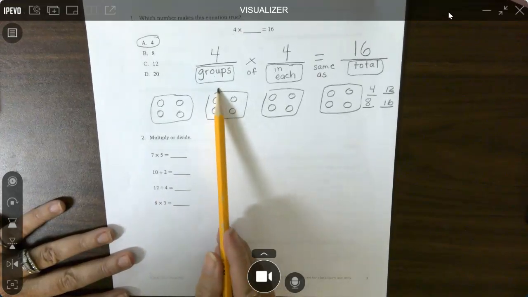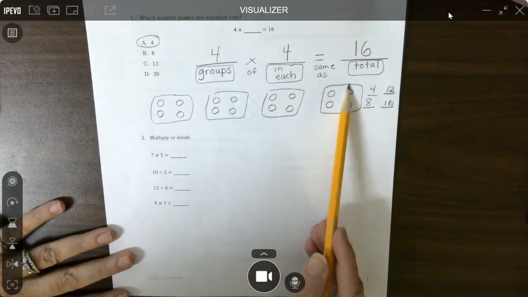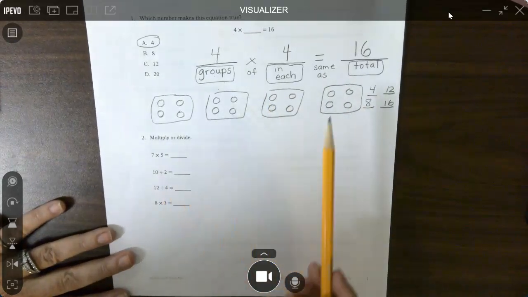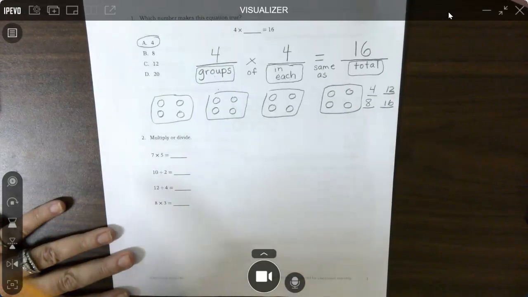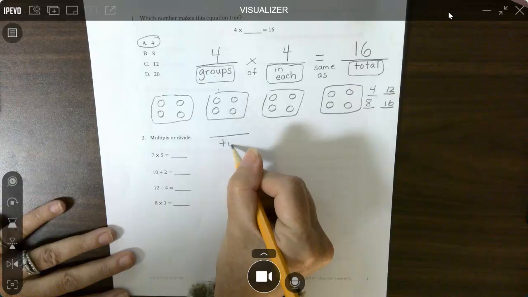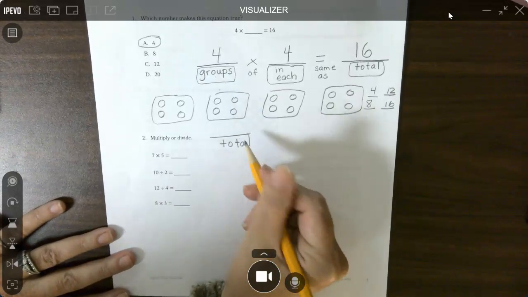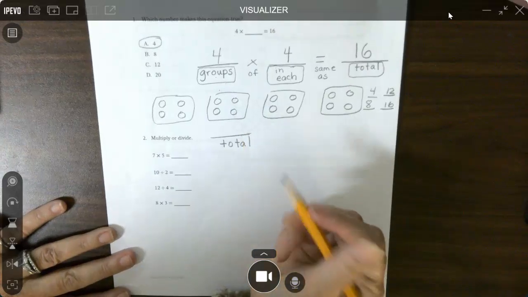Just as multiplication has groups, how many is in each group, and a total amount, division also has those things. But one of the things we talk about in 3rd grade is that division always starts with a total. So when I'm doing a division equation, the total will always be the first amount.